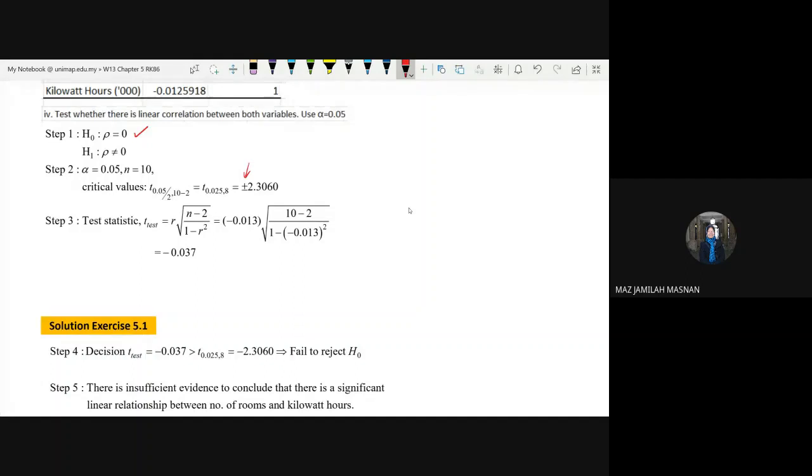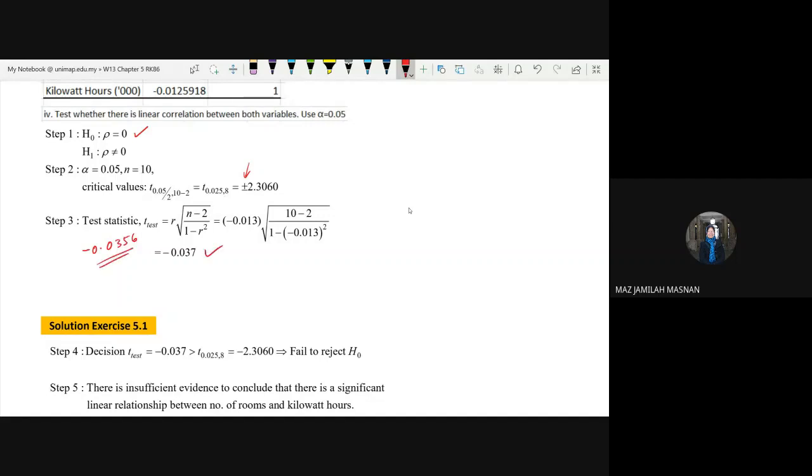Here you will get 0.037, a bit different from the answer. If I'm not mistaken, the answer given is negative 0.0356, I think due to the decimal points, but it can be acceptable.